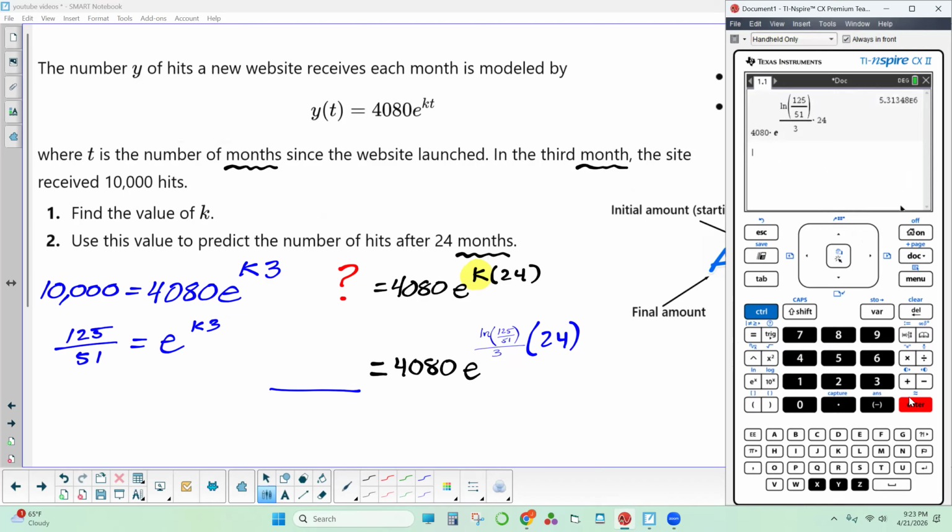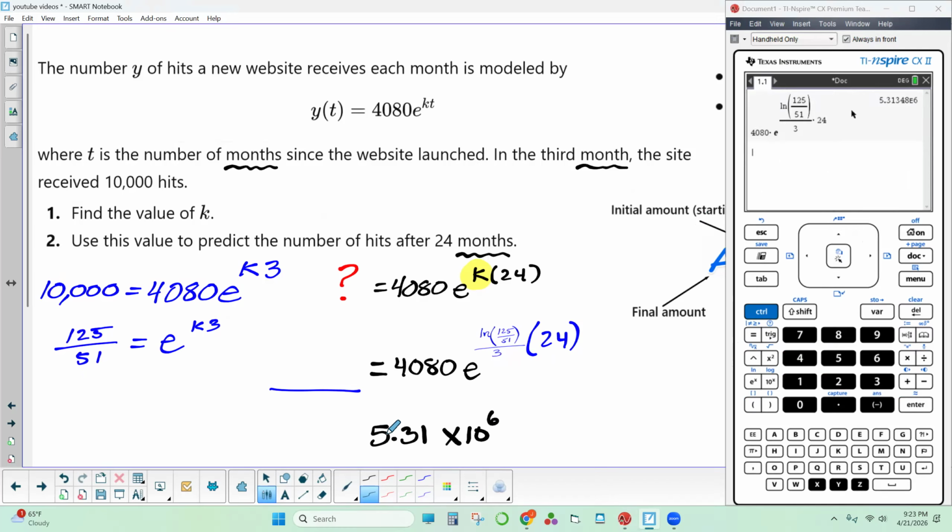Let's hit enter, and we've got this gigantic number. What that represents in my calculator is 5.31 times 10 to the 6.